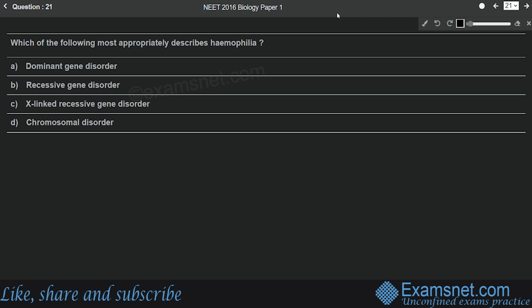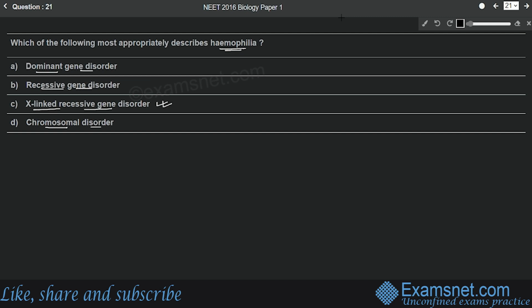Question number 21 is from the chapter Principles of Inheritance and Variation, and the question is, which of the following most appropriately describes hemophilia? Options are dominant gene disorder, then recessive gene disorder, then X-linked recessive gene disorder, and chromosomal disorder. And the correct answer is option number C, that is X-linked recessive gene disorder.